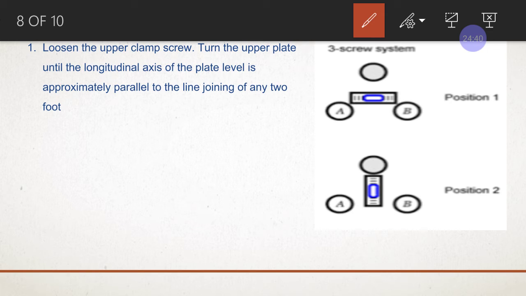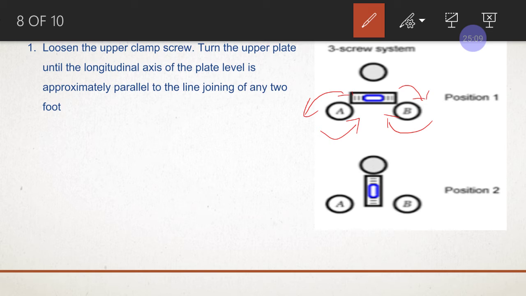If you are trying to do clockwise turning of the foot screws like this, both simultaneously at a time, you have to hold the screws and turn them clockwise or anti-clockwise, right?